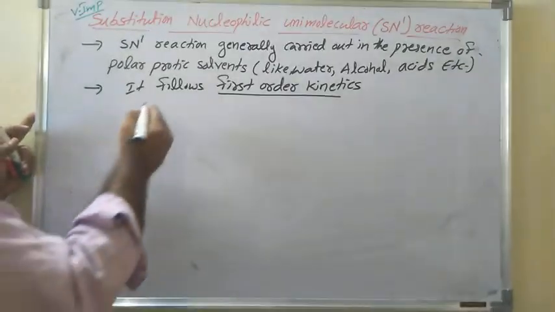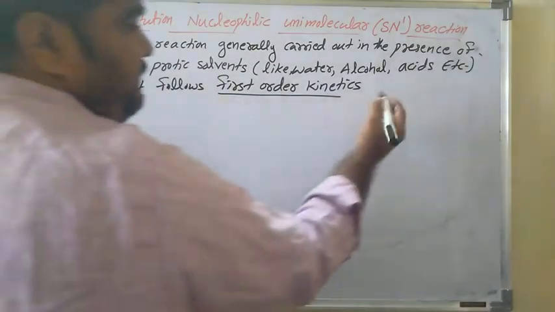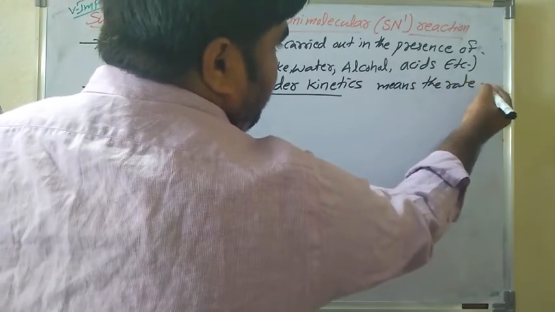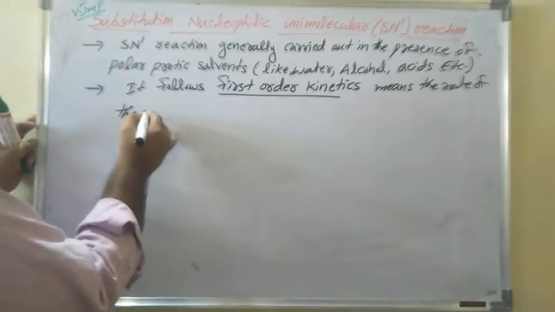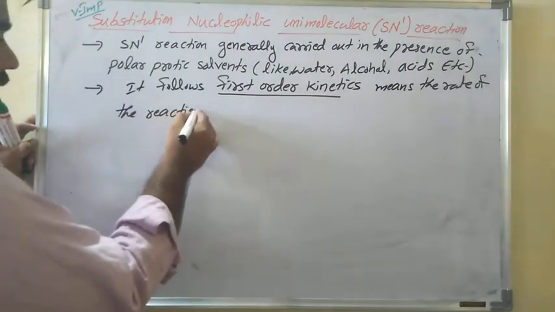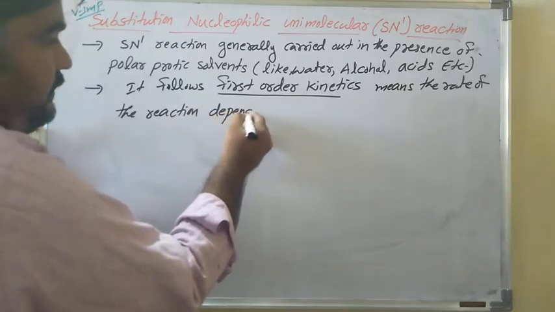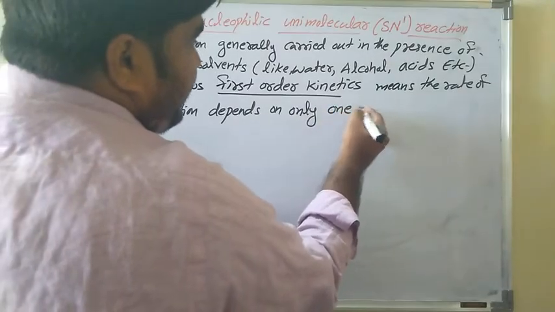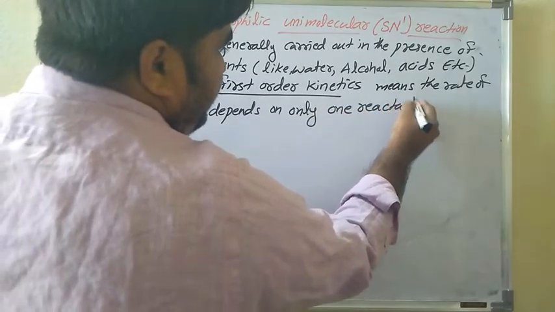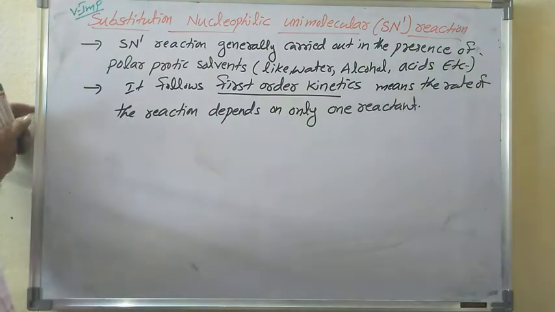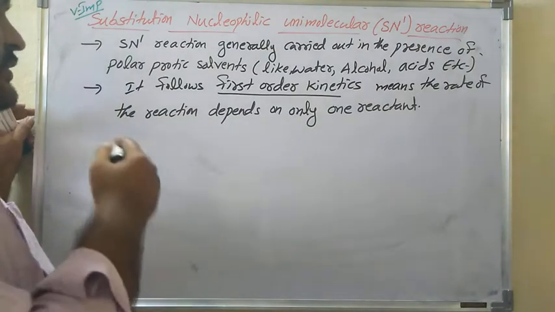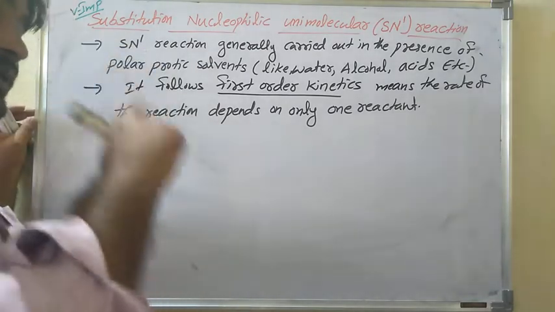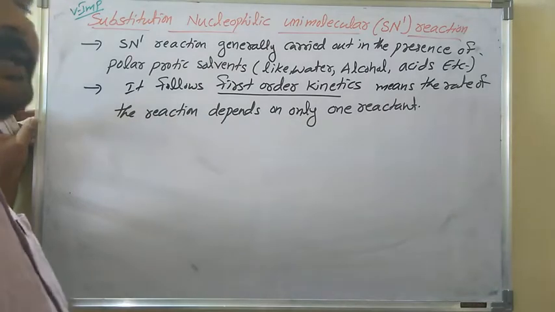So it follows first order kinetics, means the rate of the reaction depends on only one reactant. So SN1 reaction is which order? First order kinetics, which means the rate of the reaction depends on only one reactant. SN2 reaction depends on both reactants, but SN1 reaction depends on one reactant.